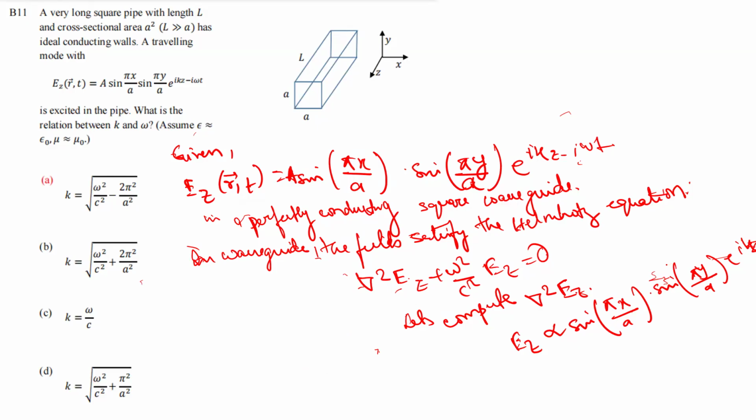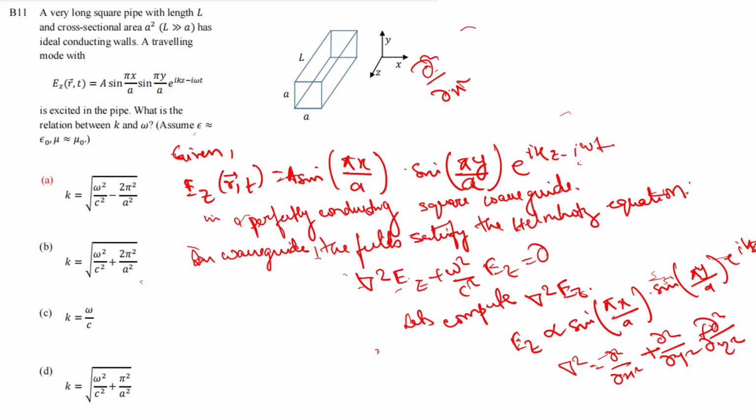The Laplacian form is del square by del x square plus del square by del y square plus del square by del z square. So each term we can treat separately.